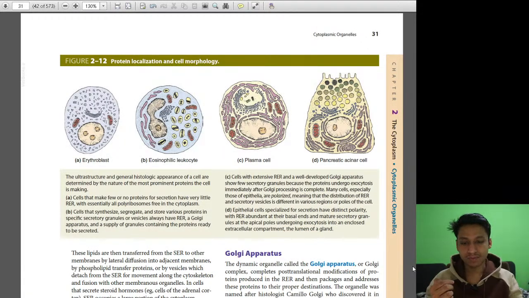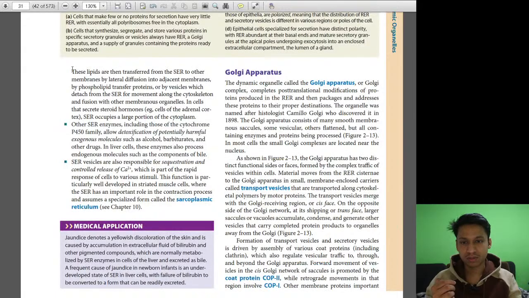Also, these lipids are then transferred from smooth endoplasmic reticulum to other membranes by lateral diffusion into adjacent membranes, by phospholipid transfer proteins, or by vesicles which detach from the SER for movement along the cytoplasm and fusion with the other membranous organelles.